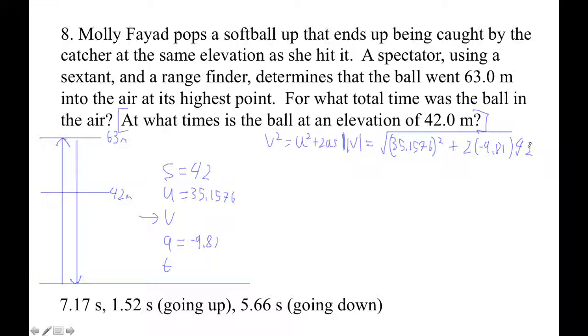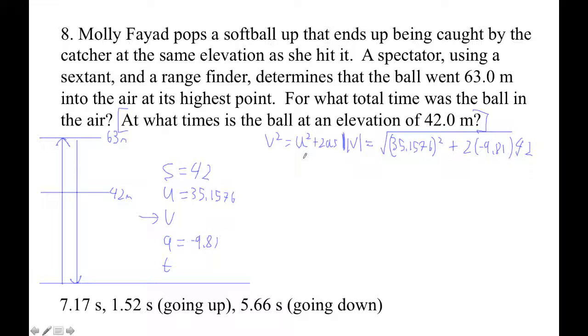Okay, so let's try this. The square root of u squared plus 2 times negative 9.81 times 42. I'm going to store that in v. All right, I get 20.298.